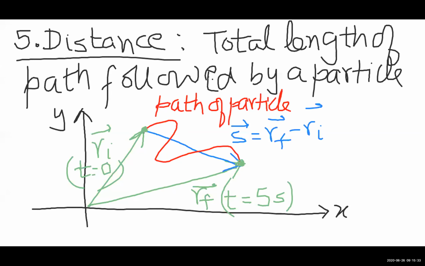Whereas the path of the particle is showing us the actual path followed by the particle in the duration t is equal to 0 to t is equal to 5 seconds.